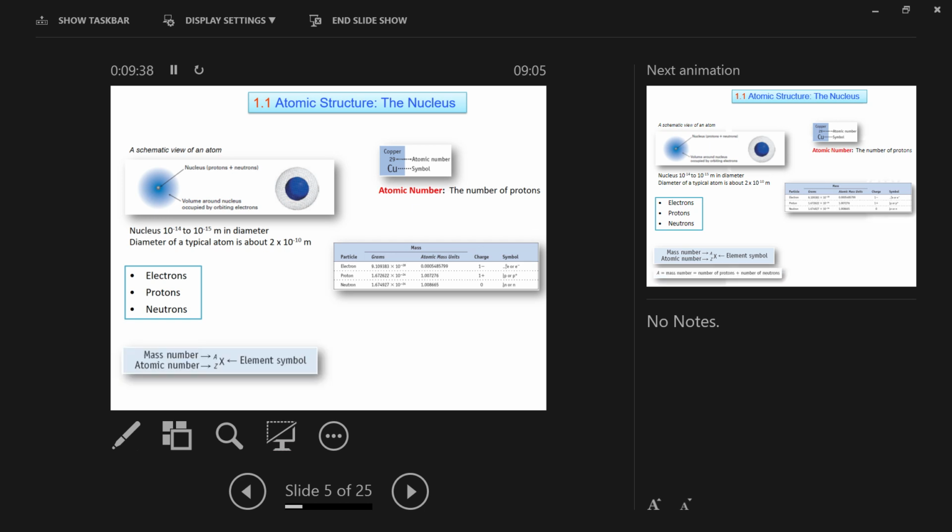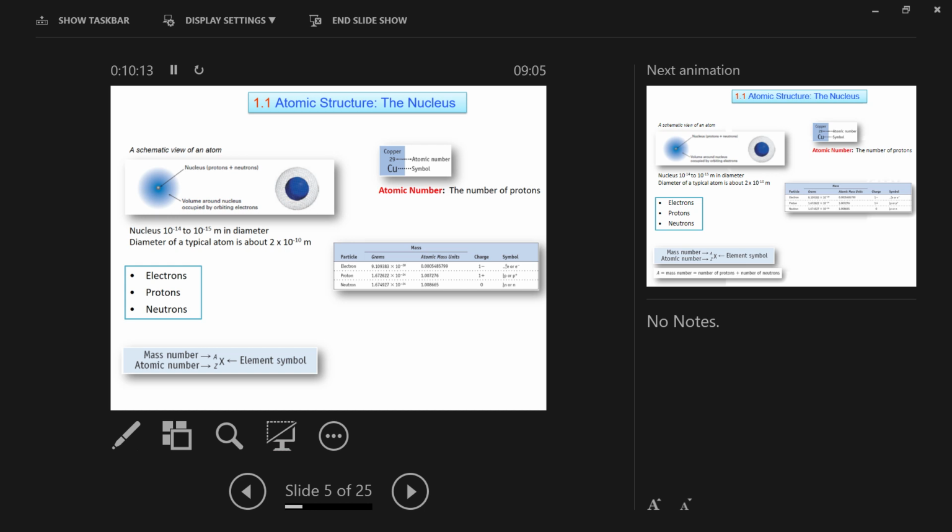Protons are positive, that means charge +1 and 1 atomic mass. And neutrons are 0 charge and 1 atomic mass. That means if we want to know the weight of an atom, we have to sum protons and neutrons. If we want to know the electronic properties of the atom, what we have to check is the number of electrons or the number of protons. That has to be the same.